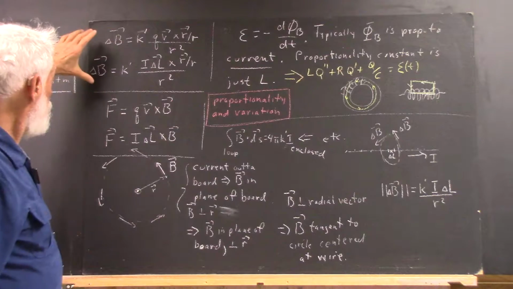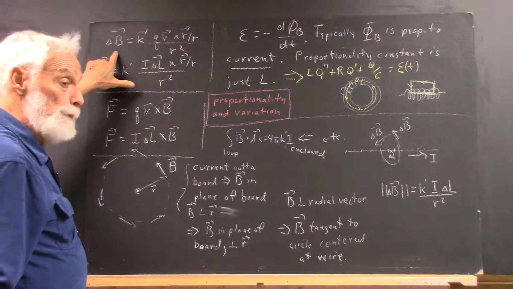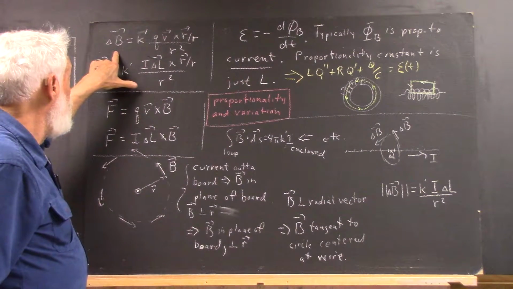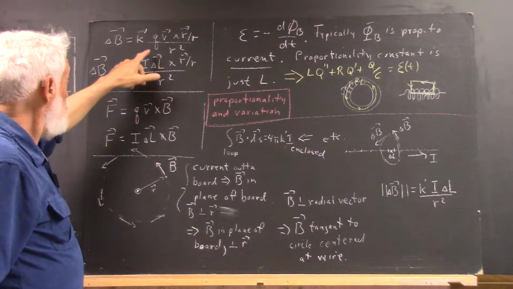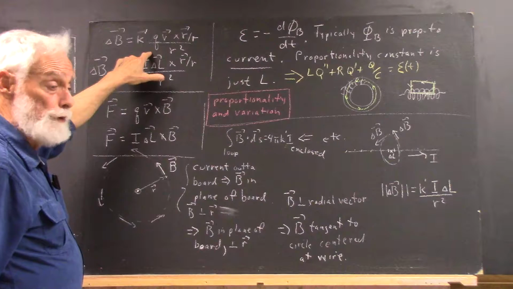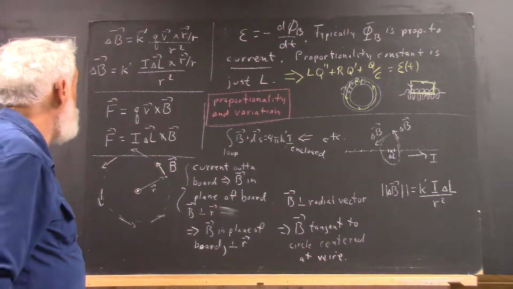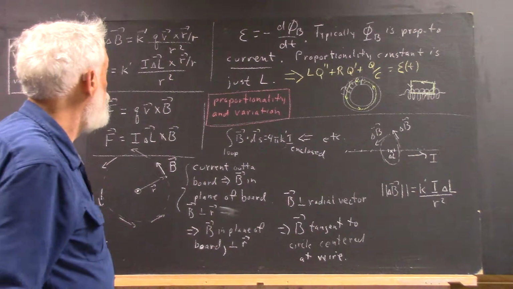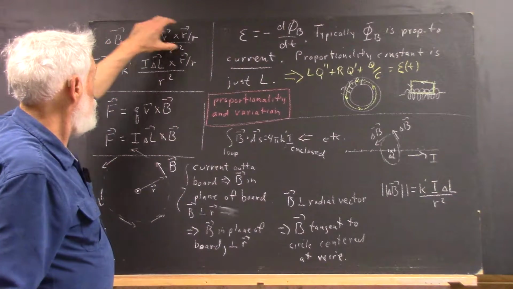Let's back up. What we have here is a contribution to the magnetic field at a point due to a charge q moving with velocity v, and that is equal to this expression.